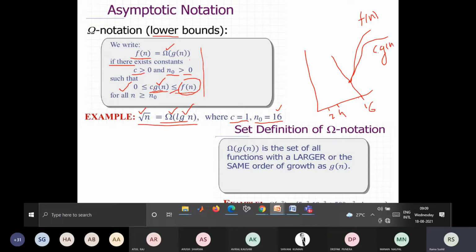Before this, you may find various values of the function, maybe for f(n) this one and for g(n) something like this. There can be any possibility, f(n) greater or c dot g(n) greater, but after this point, in this particular case, you will find it holds for c equal to 1. So in this way, you can learn this concept that omega of g(n) is the set of all functions with a larger or same order of growth as g(n), because it is greater or equal, right?